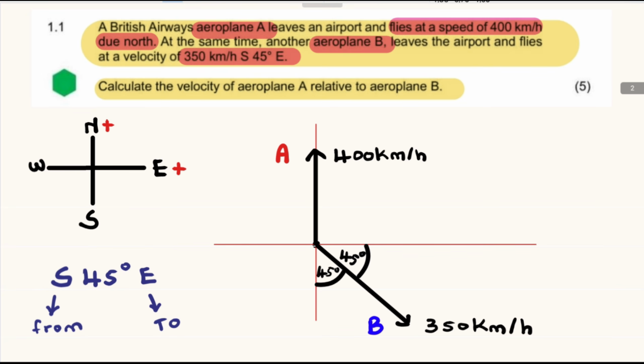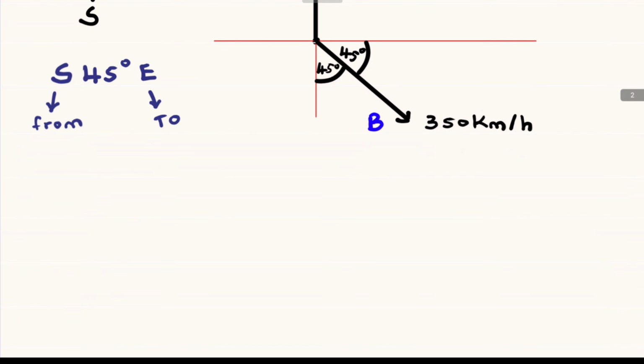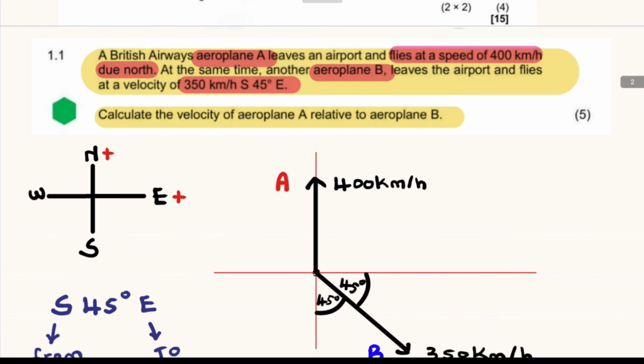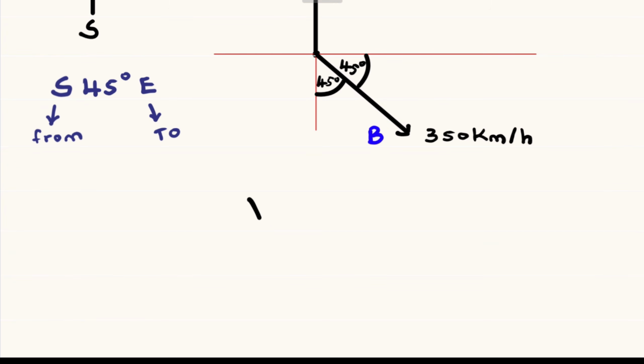Remember that we have to calculate the velocity of aeroplane A relative to aeroplane B. So the velocity of A relative to B. So we are looking at aeroplane A whilst we are in aeroplane B. So this will be equal to the velocity of A minus the velocity of B. But we can use this formula now.